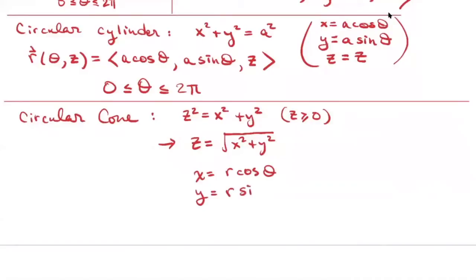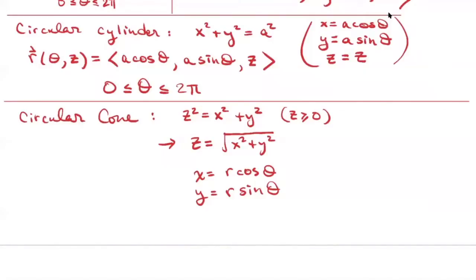Now we don't want r to be fixed because on a cone, r being the distance from a point to the z-axis will vary, unlike a cylinder where r is always a, like in the previous example, a being the radius of the circle or cylinder.